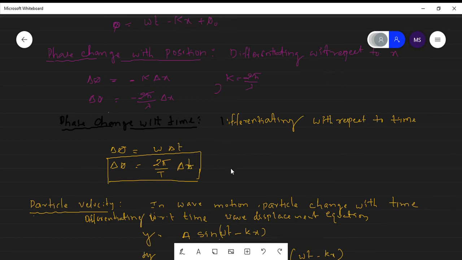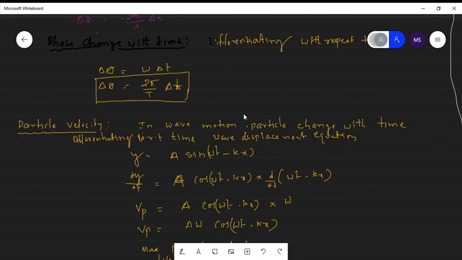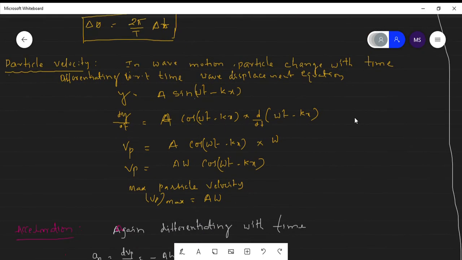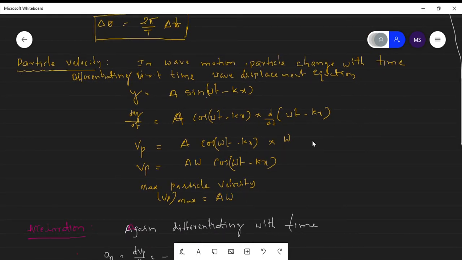Now, particle velocity. The wave motion of the particle changes with respect to time, so we differentiate the displacement with respect to time. The displacement is y is equal to a sine of (omega t minus kx). dy by dt: here a, the amplitude, is constant.